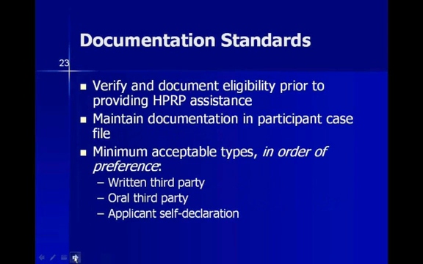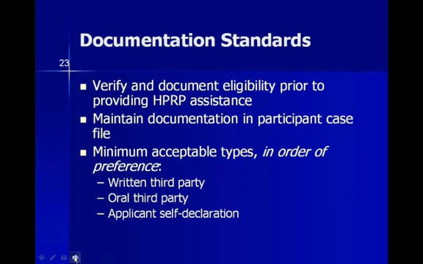Written third-party documentation might be something like pay stubs indicating the wage earned by a household. It might be a letter or other written verification from a shelter provider indicating that the household is a current shelter resident. Something like that would constitute written third-party verification.